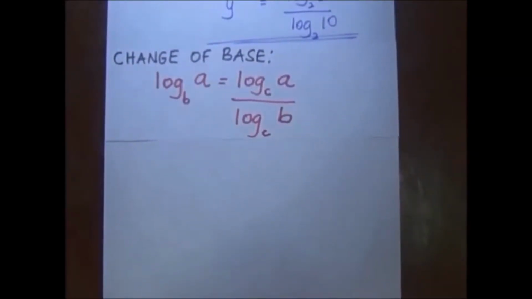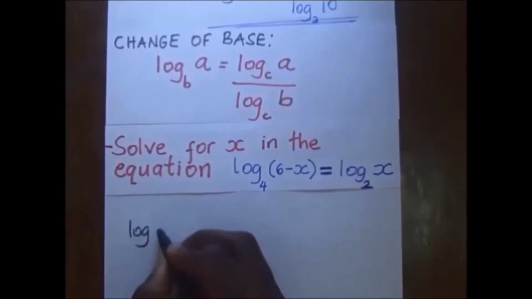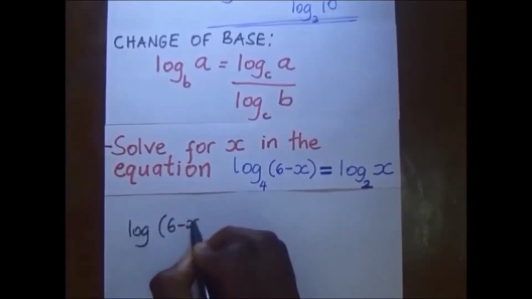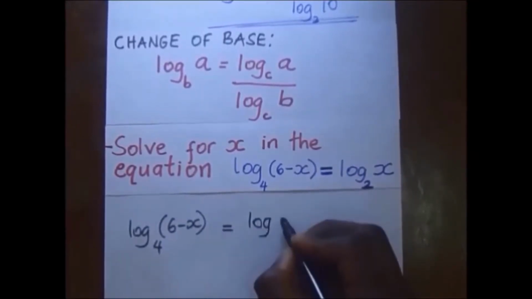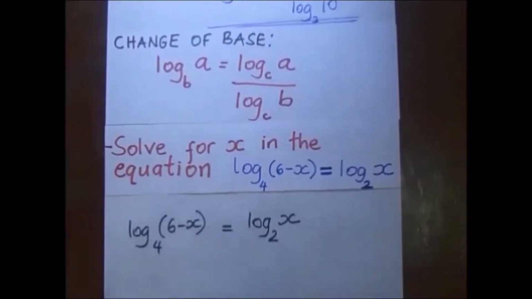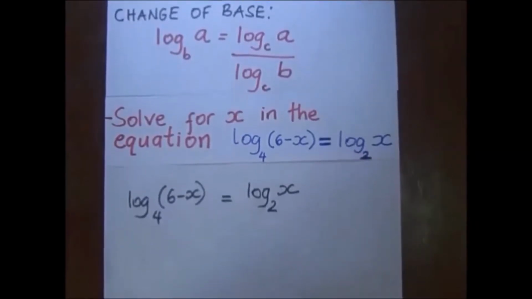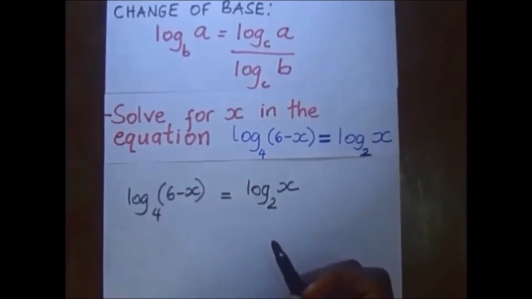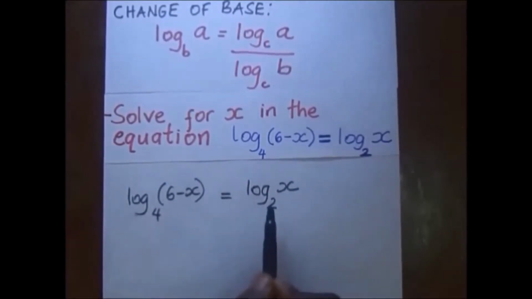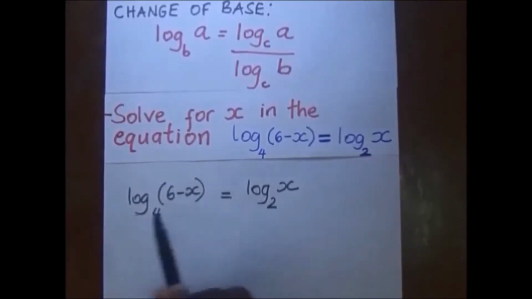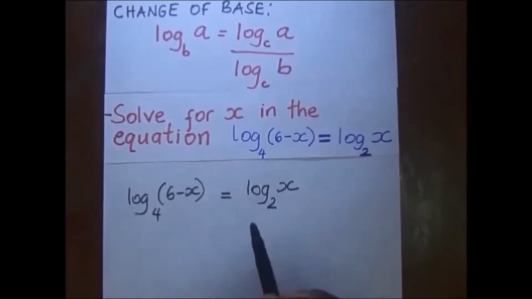So we shall do an example here. Log of 6 minus x base 4 is going to be equal to log of x base 2. So now here the lower log is 2. So we start with our calculation. We convert this to base 2 so that we harmonize, having both sides with the same base.